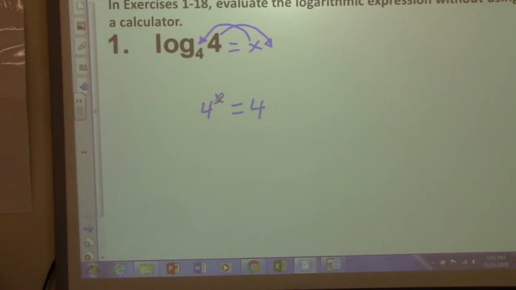So we have 4 to the x power equals 4. So we've changed this logarithmic equation into an exponential equation. And 4 is 4 to what power? 1. And so when you have the common base here, you have x is equal to 1. So our answer to this one is 1. All right?